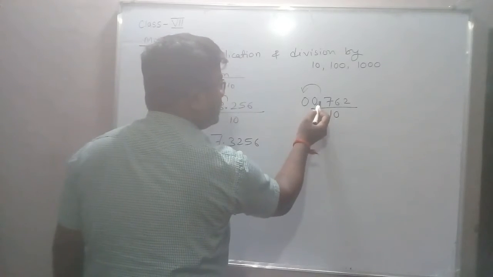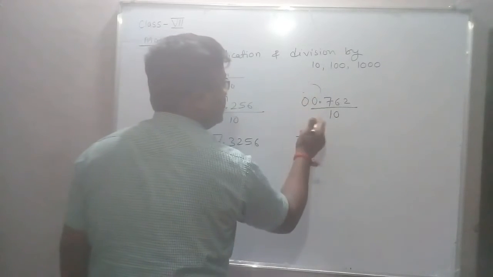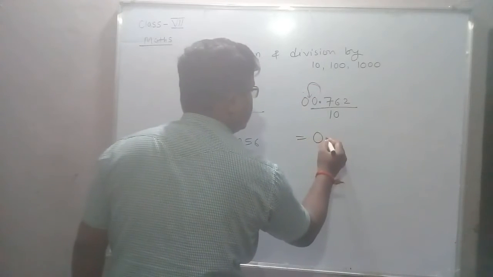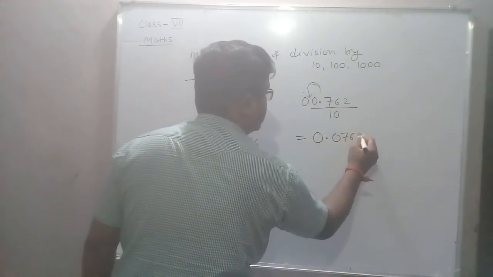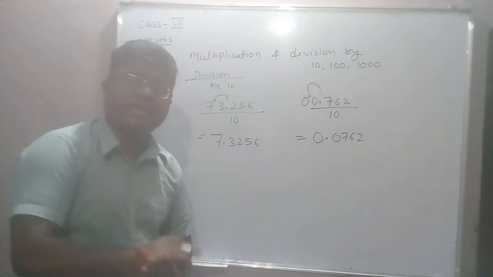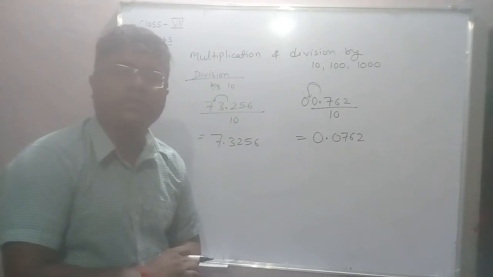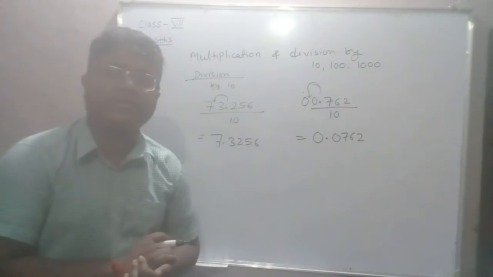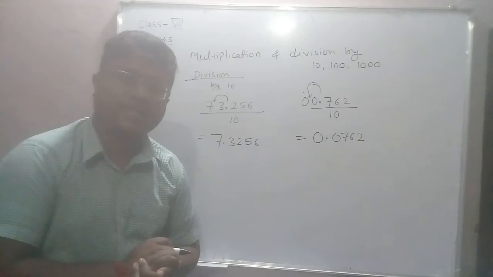After one digit, you are going to put the decimal here, so the answer will be 0.0762. You just need to transfer the decimal towards the left. By dividing by 10 you shift the decimal one place towards the left.